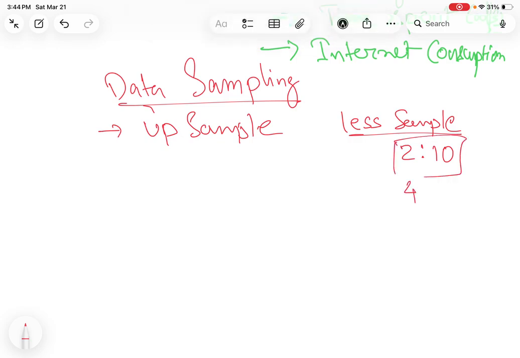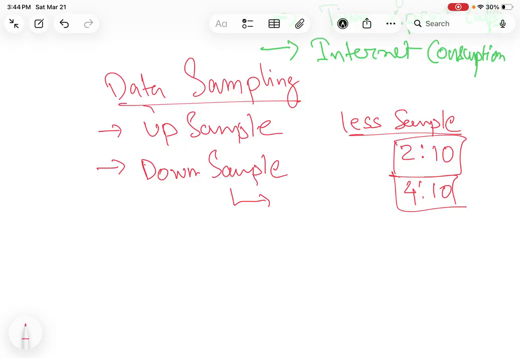In that case, you can make the sample size like 4:10. The other one is downsample. Suppose you have a 1:10,000 ratio. I'll come to downsample later. But if you want to reduce it, then you can do 1:100, right? Or 1:10. That is called downsampling.